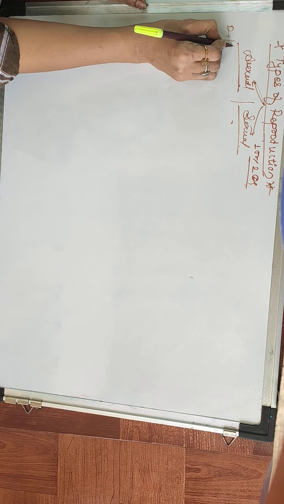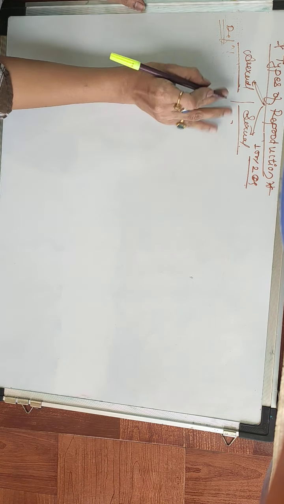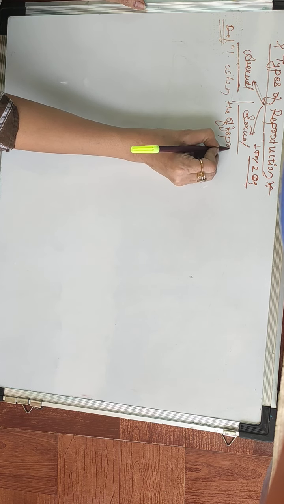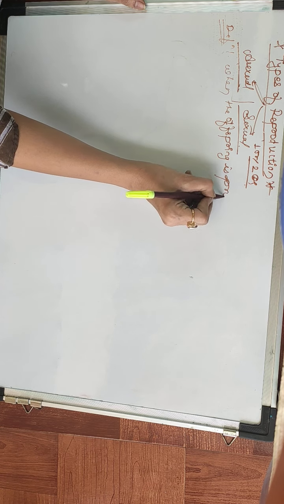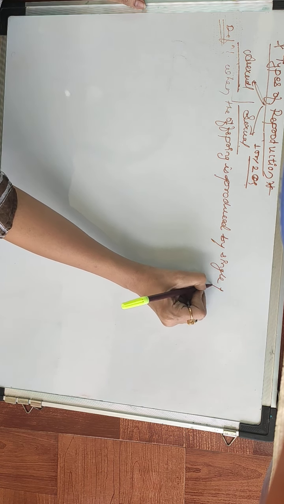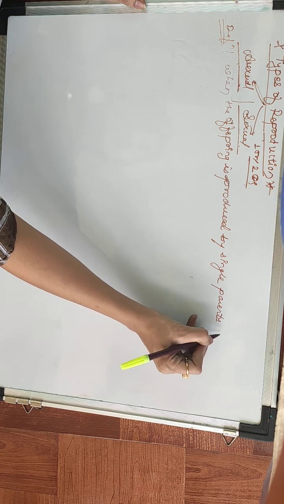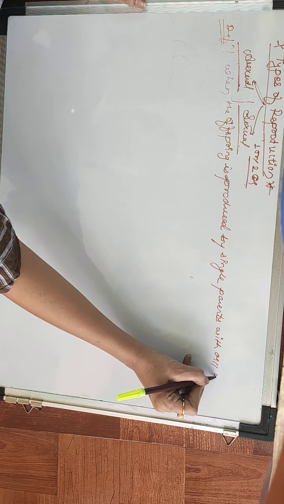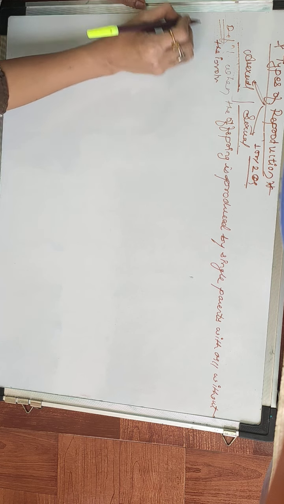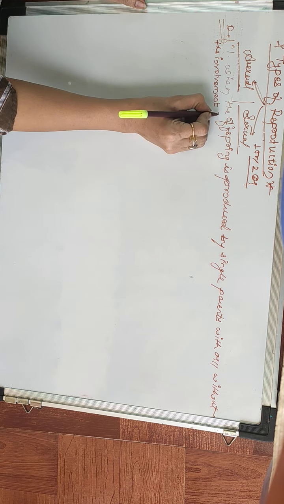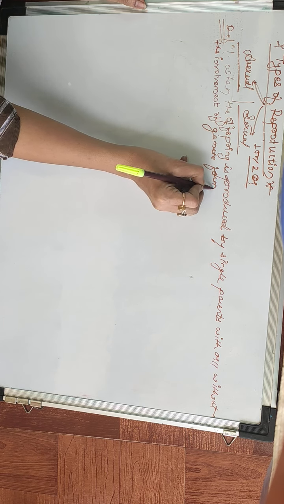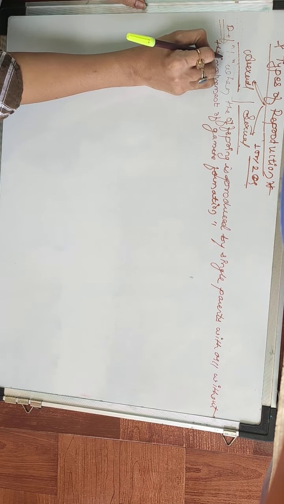First, the definition of asexual reproduction: when the offspring is produced by a single parent, with or without the involvement of gamete formation, this process is known as asexual reproduction.